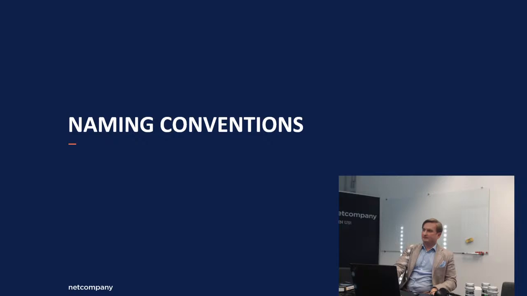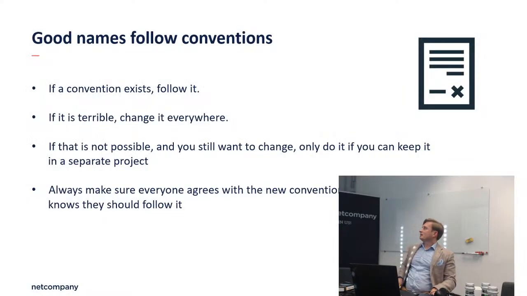Naming conventions. So the first rule of conventions is that if it exists, follow it. If it's terrible, you can consider changing it, but you should change it everywhere. If you have two conventions in the code, it leads to general confusion.